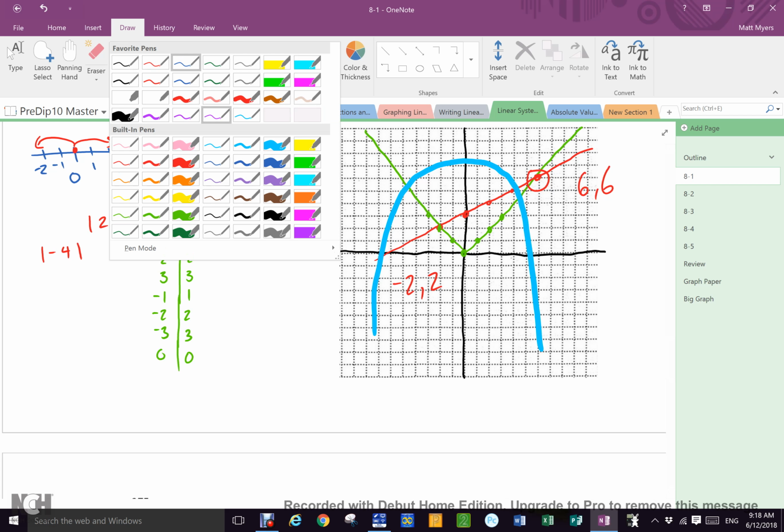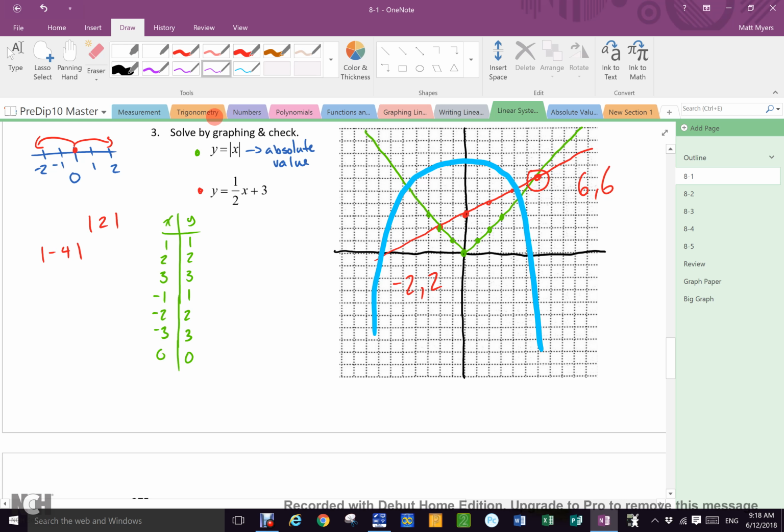What if I gave you this? And you will be learning how to do this. How many solutions for purple and blue? 2. How many solutions for purple and green? 2.